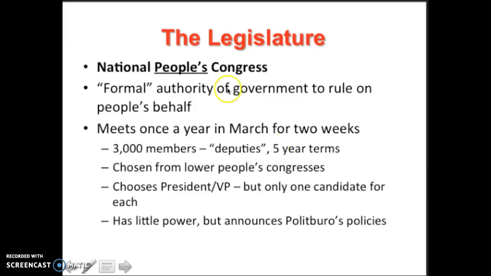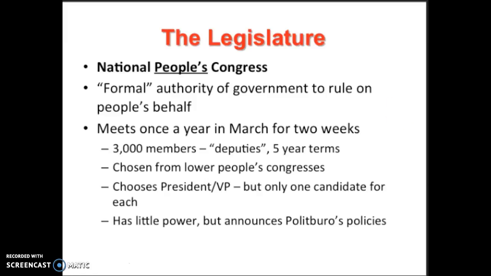So when this is underlined, it's kind of sarcasm, because it's really not a voice of the people, it's just a rubber stamp for the Communist Party of China.